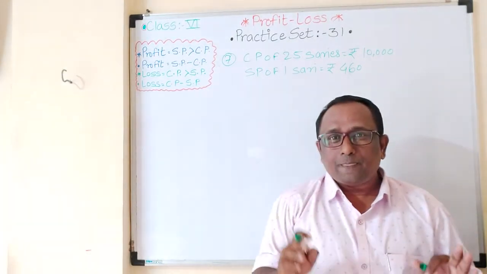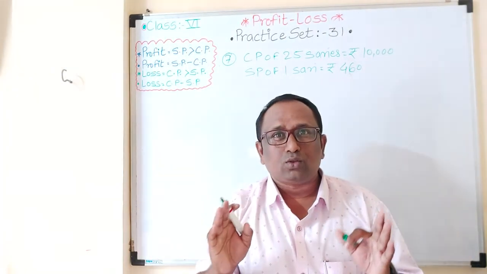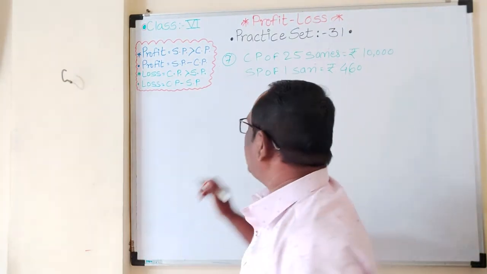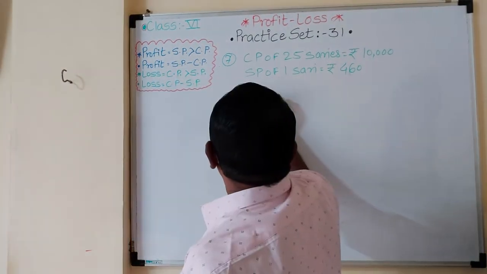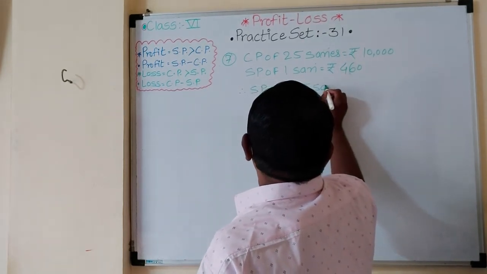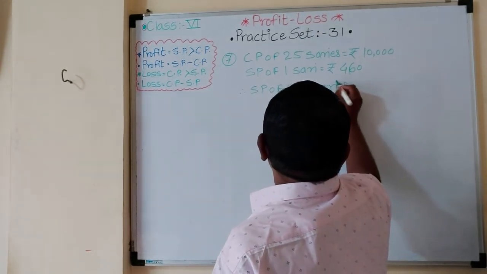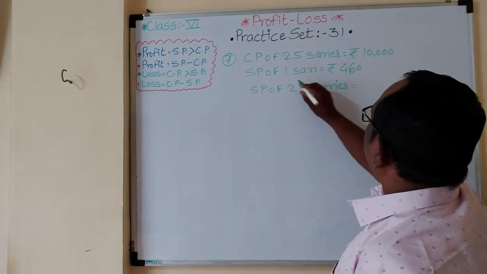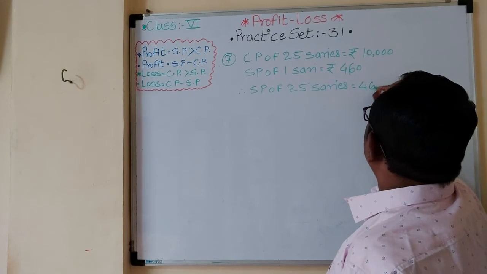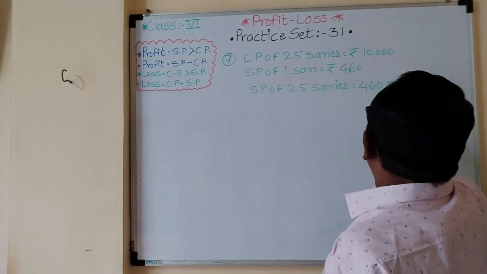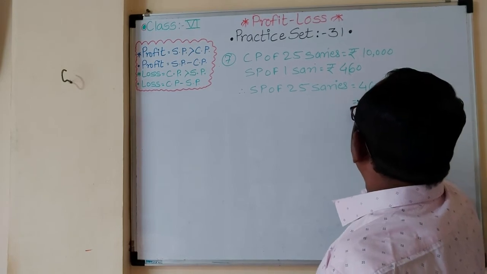So here the total number of saris is 25. So we have to find out the selling price of 25 saris. Therefore, the selling price of 25 saris is equal to one sari 460 multiplied by 25, or 25 multiplied by 460.